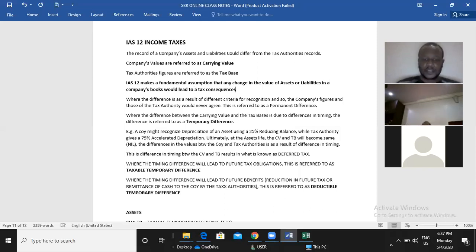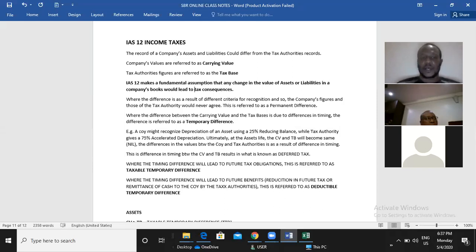That's the primary discussion, and that's why we have all these discussions that we're going to have in terms of deferred tax and all that affects the recognition of deferred tax.